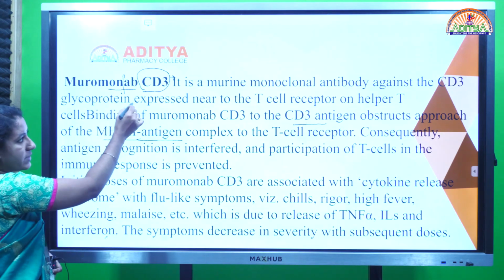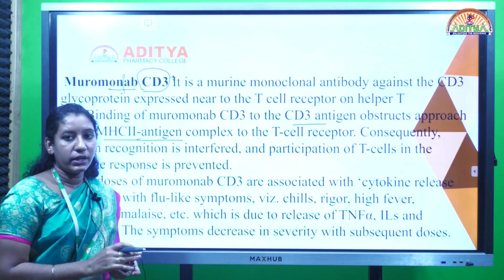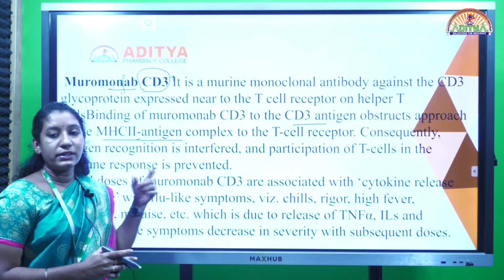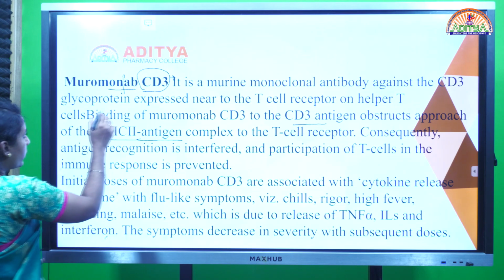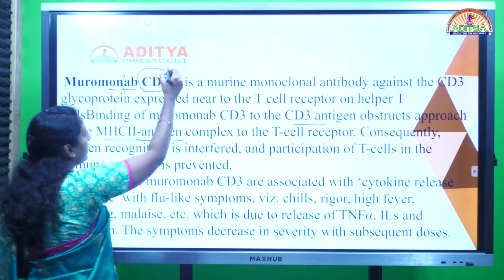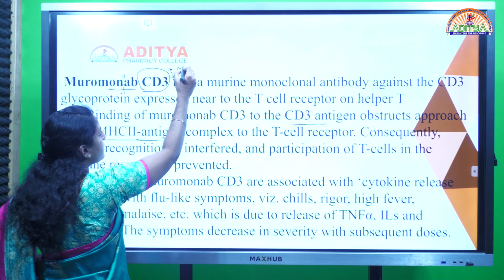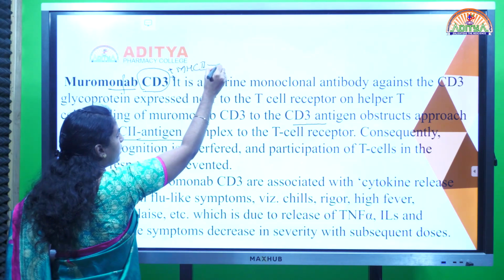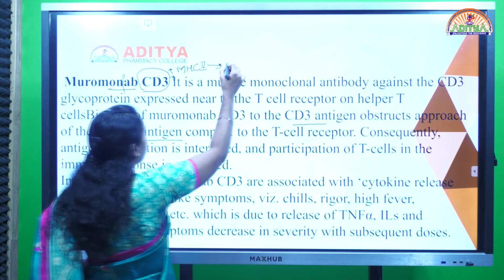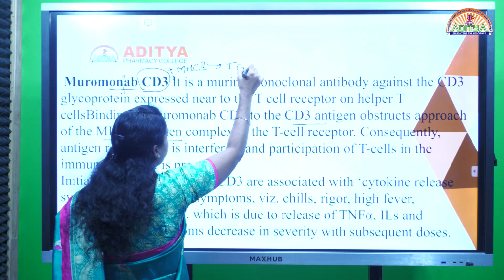So muromonab CD3 is a monoclonal antibody and it shows its action against the CD3 glycoprotein. Generally this CD3 will form a complex with the major histocompatibility class 2, and then it leads to the activation or proliferation of T cells.